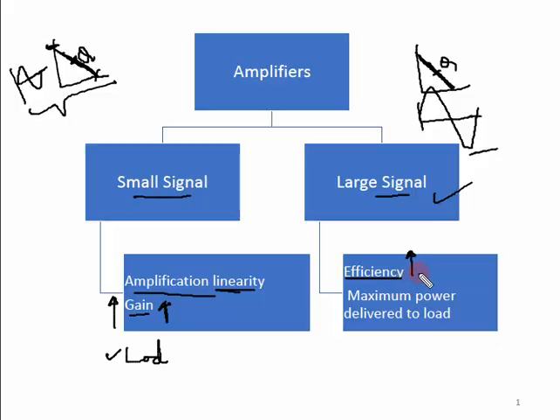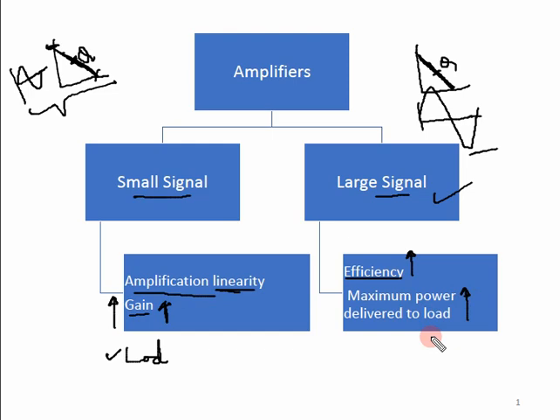So efficiency basically comes out to be a property of your power dissipation. So if your power dissipation in a power amplifier is less, we say this is a good amplifier, it is more efficient.